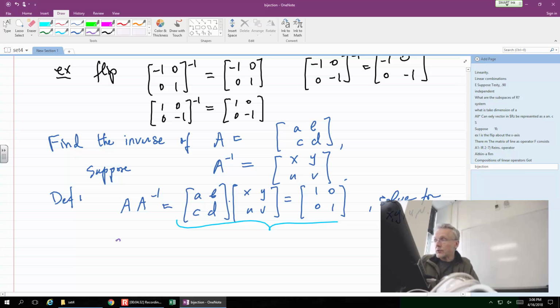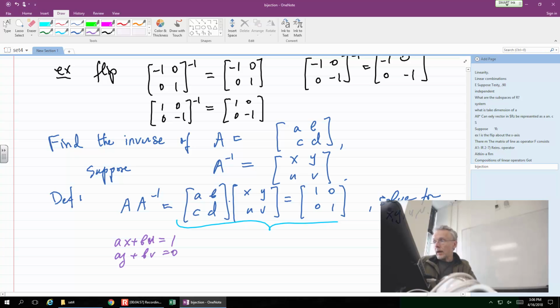Okay, so if I just multiply, I'll have in fact 4 equations, 4 unknowns, as you'd expect. So I have ax plus bu is equal to 1. Ax plus by, first row, first column, ax plus by is equal to 1. I move to the right. I have ay plus bv is equal to 0.